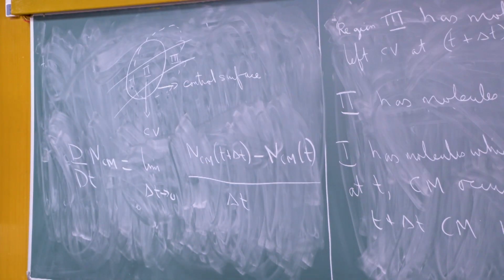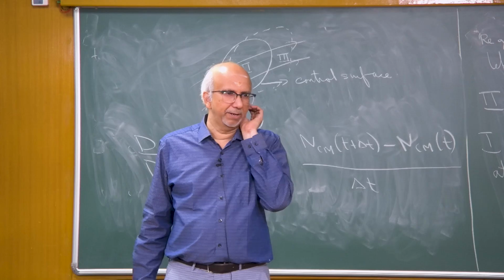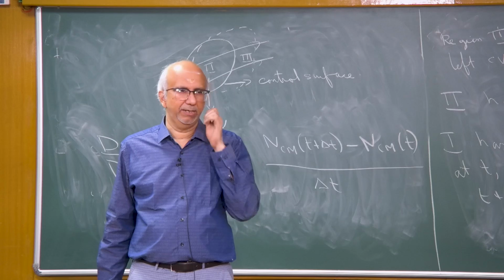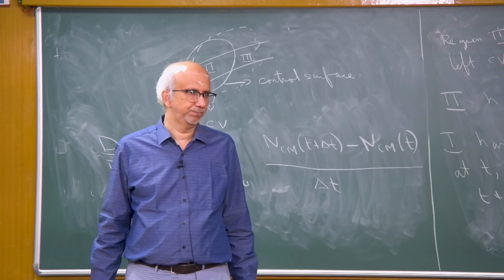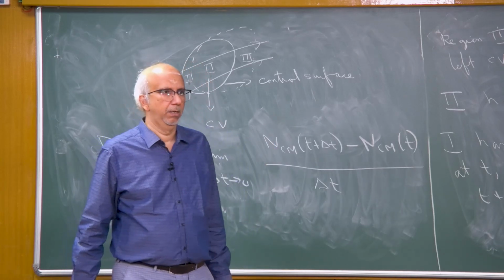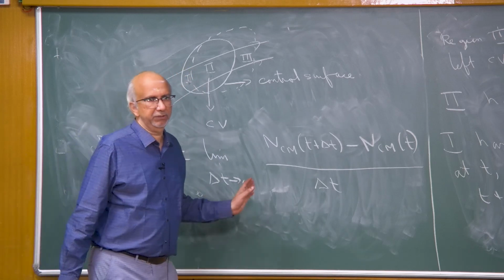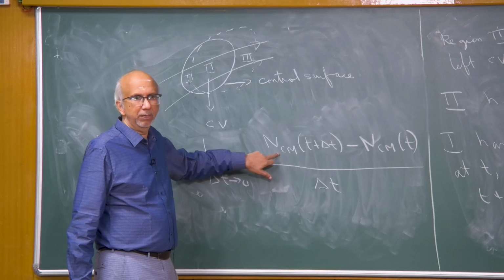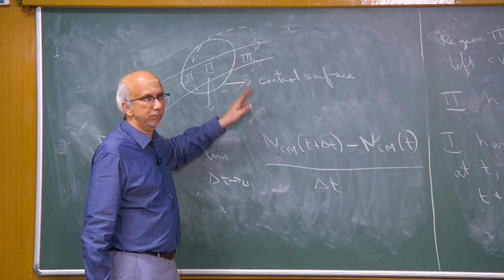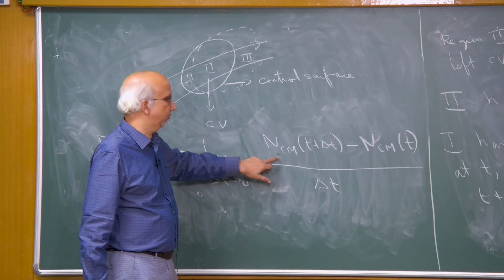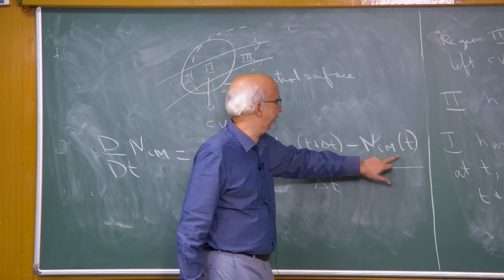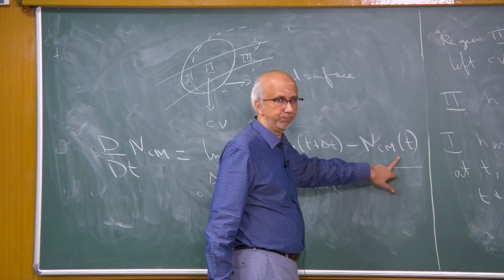What is the property in the control mass at time T plus delta T minus what is it at T, divided by delta T, take the limit as delta T tends to 0. This is just the definition of derivative, and I am going to relate this to volumes. So, this is going to be evaluated in regions 2 and 3. This is going to be evaluated in regions 1 and 2.